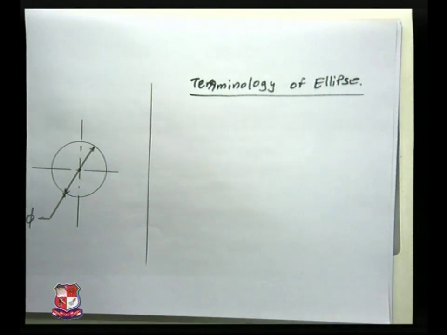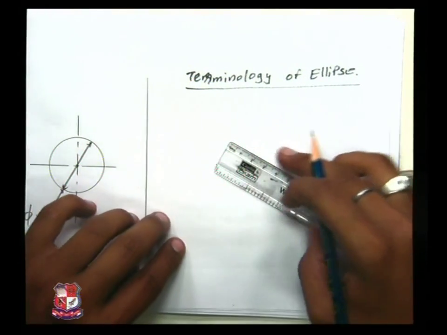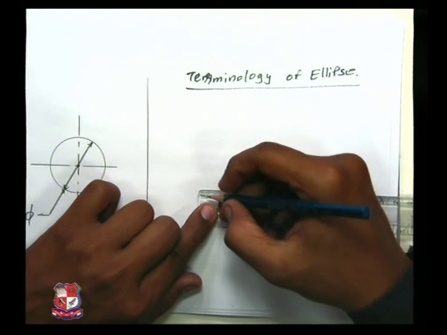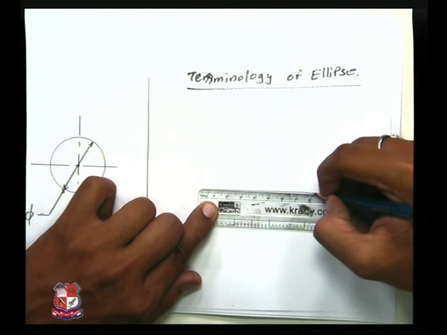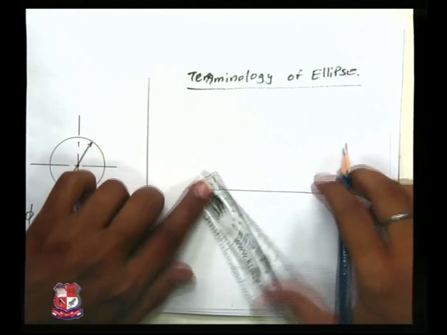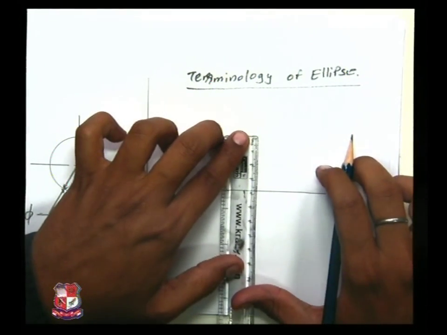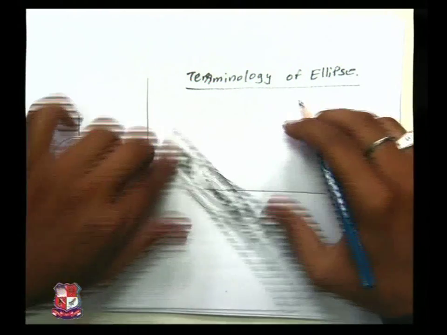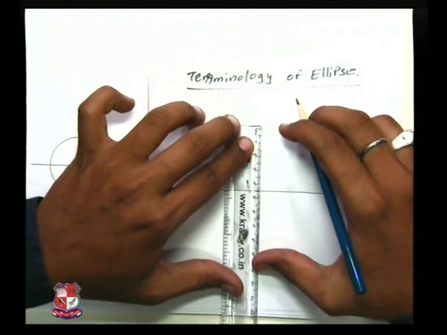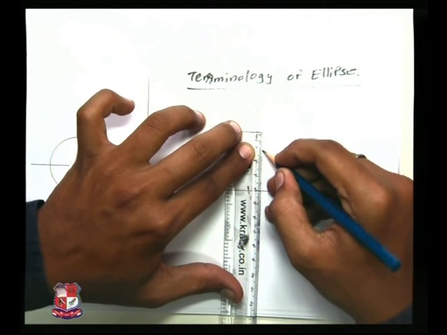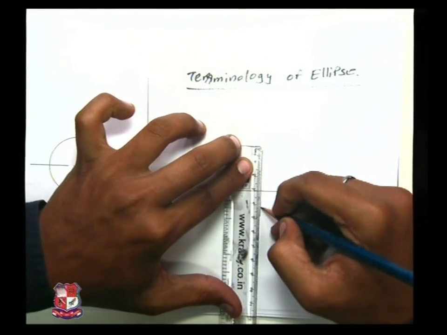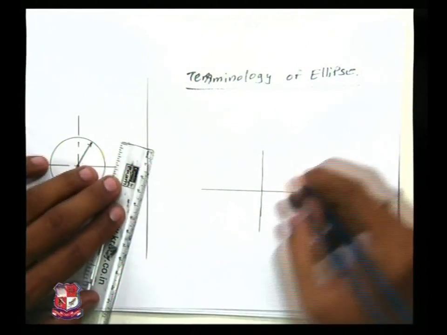First would be the major axis and another would be the minor axis. Two radiuses or two diameters, you can say either. The bigger one is called the major axis, and the smaller one is called the minor axis.